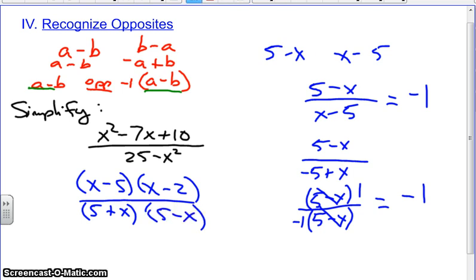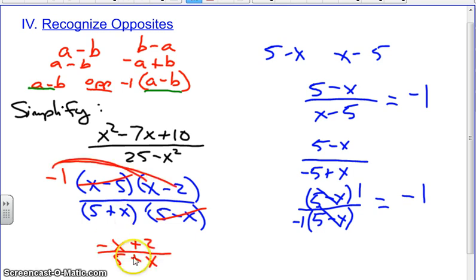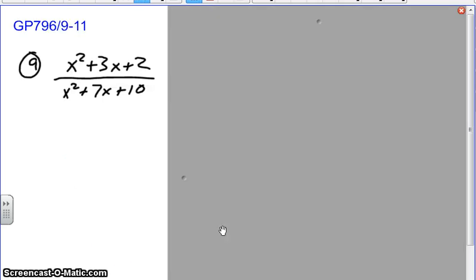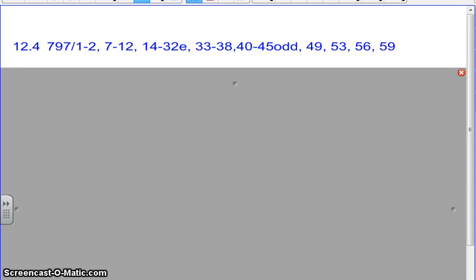Now, when you look at the numerator and denominator, do you see the opposites? We have x minus 5 over 5 minus x. So when you do this kind of canceling, you really have to place a negative 1 in the numerator. Okay, so we distributed the negative and we have this expression left. Okay, it's interesting. And we don't have time for more practice, but you have time for practice.